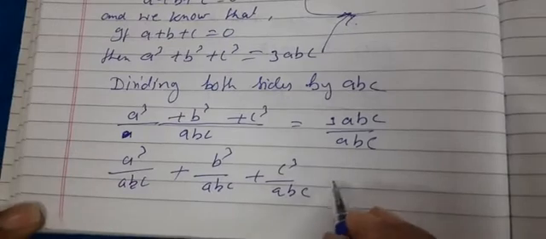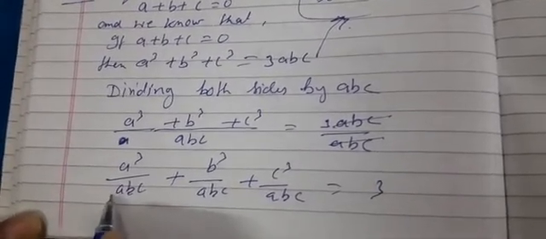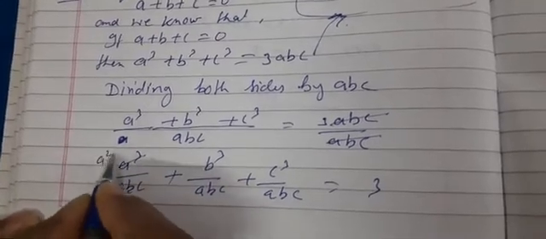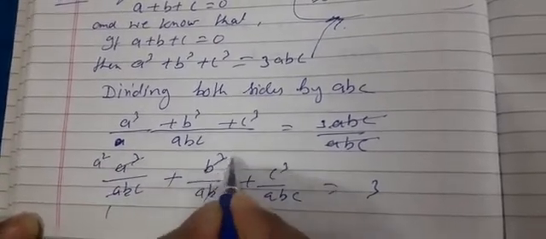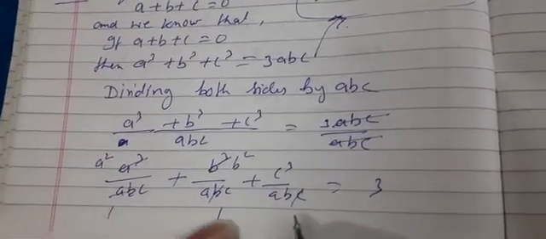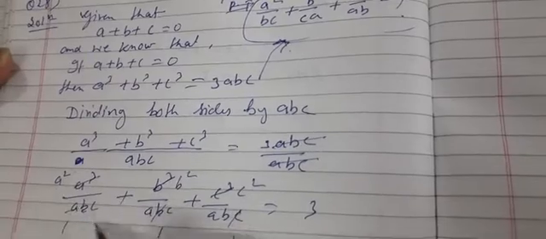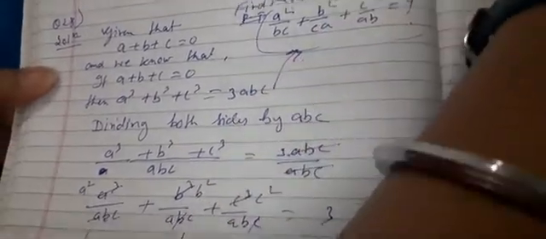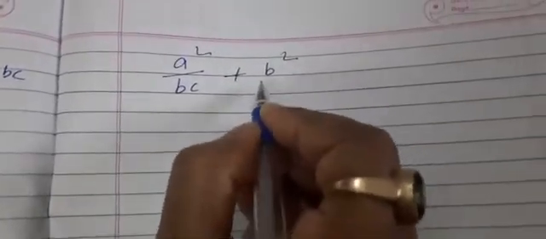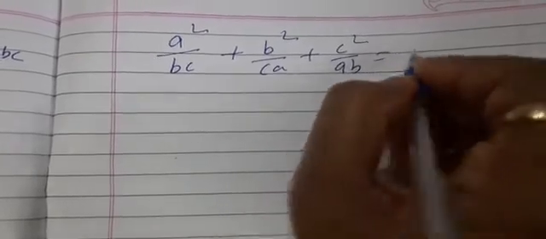So we did it here, and here abc cancelled, so here is 3. Now you see, a cube upon abc, a cancels with a, and this will be a square. For b cube, b cancels with b, and this will be b square. No need to cut it, just for explanation I am doing it for you, otherwise we can directly write this. I'm just showing you how a square came out. Now see, a square upon bc, plus next is b square upon ca, plus c square upon ab, and here is 3.